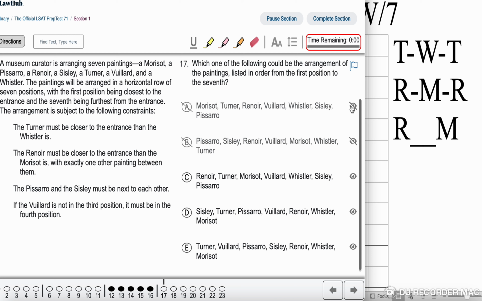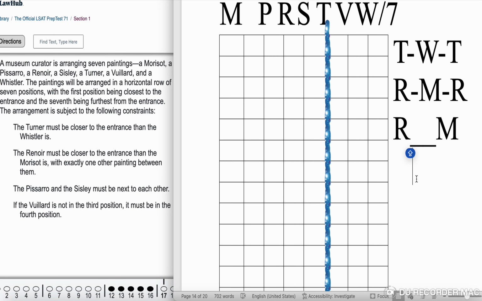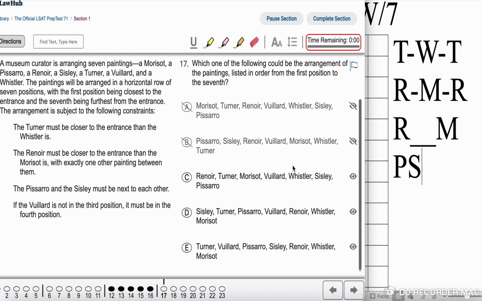Let's continue with the third condition now. P and S must be next to each other. So let me go P and S, and let me see where they are not next to each other.